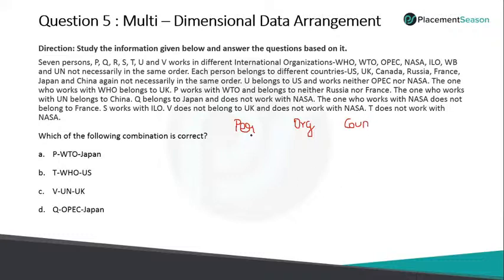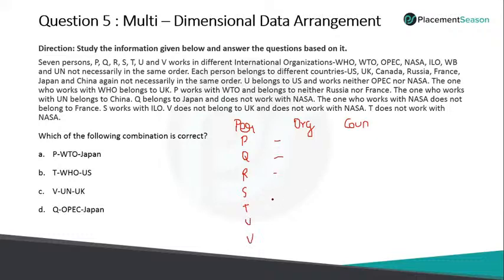I'll write the persons in vertical order. First person is P, Q, R, S, T, U, and V, right?